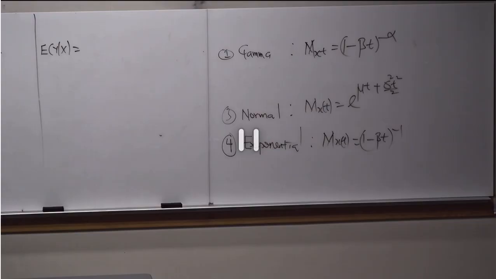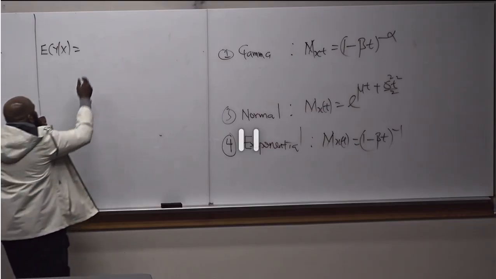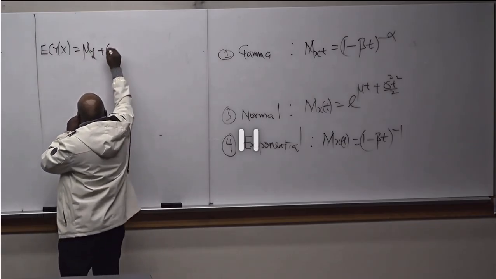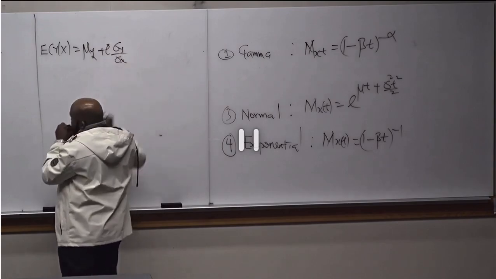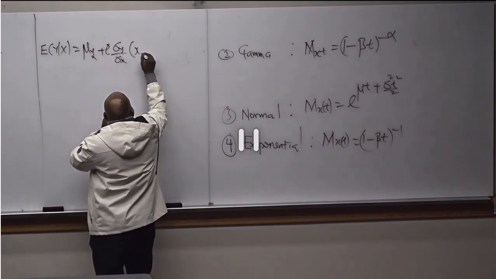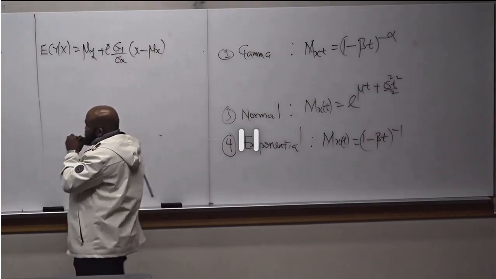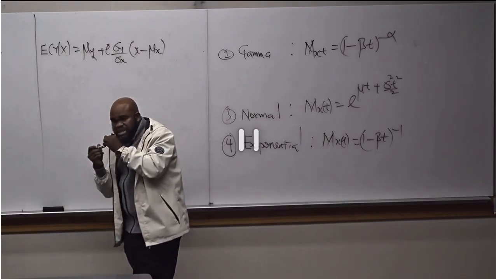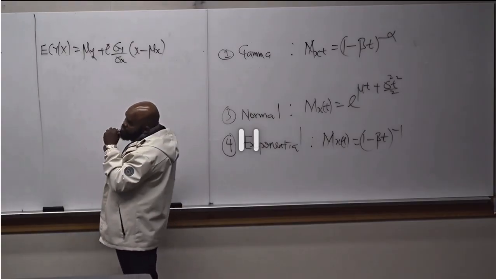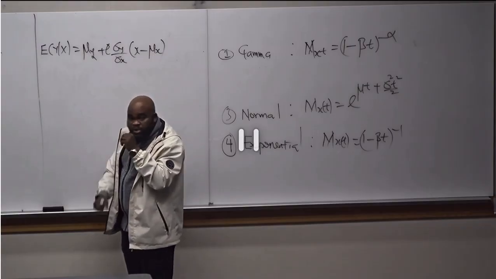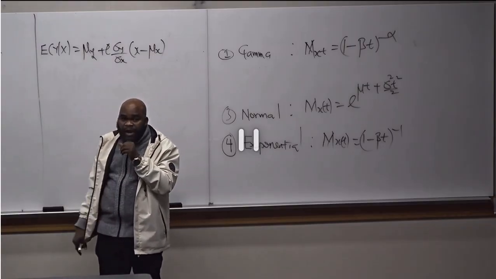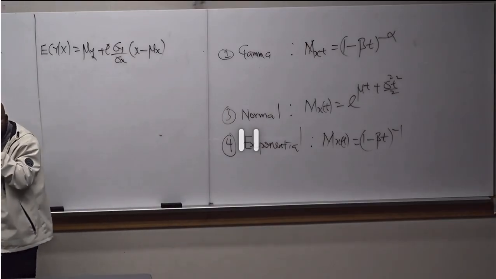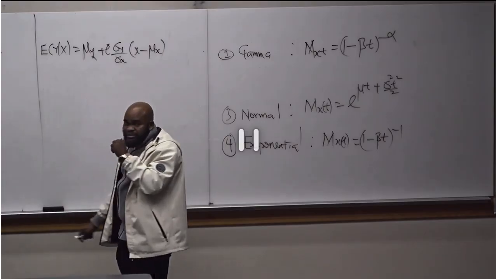It is mu Y plus rho times sigma Y over sigma X, times X minus mu X. This is the formula for the conditional mean of Y given X. We also have the conditional mean of X given Y, but right now we are focusing on Y given X, so that's why I need the conditional mean of Y given X.